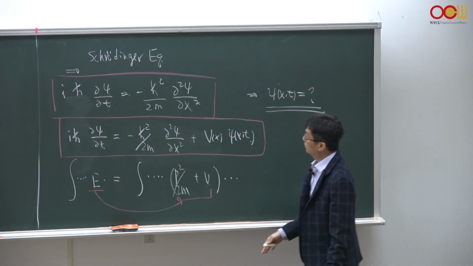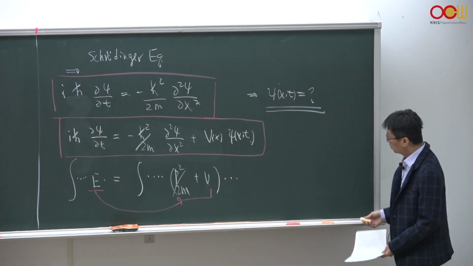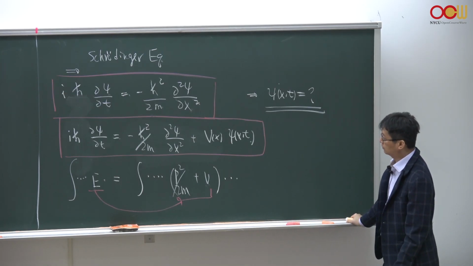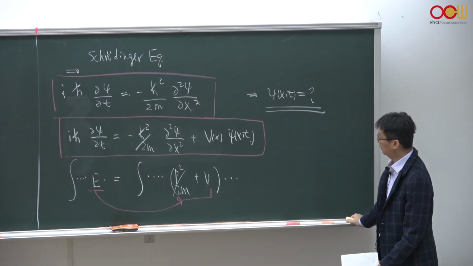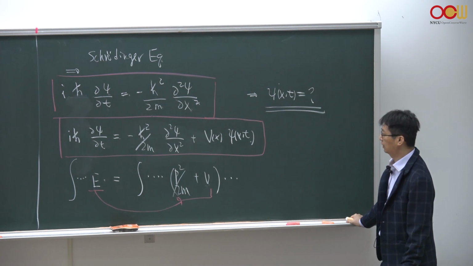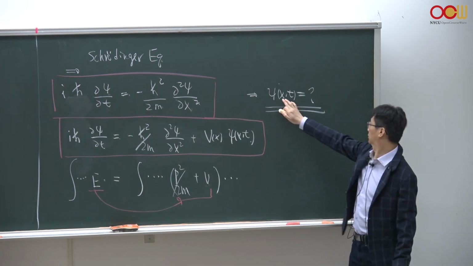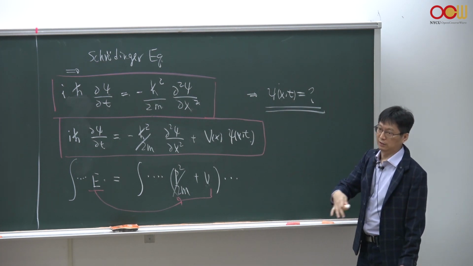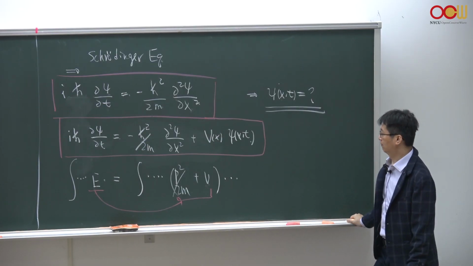So based on the simple Schrödinger equation, we can solve this first order time differential equation, second order in space derivative. So this kind of equation could be solved in simple cases, and once we solve this as a function of space and time, we know the distribution of this wave packet, or wave function, in space and time.